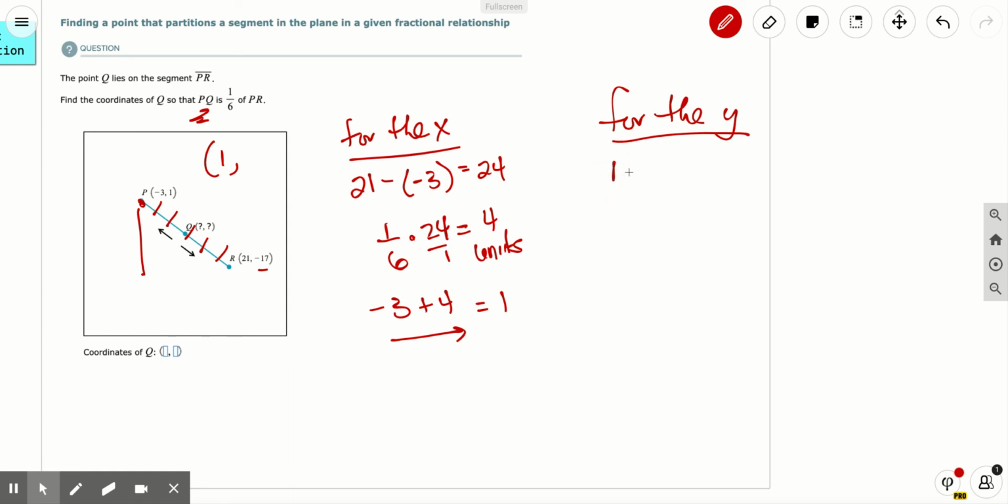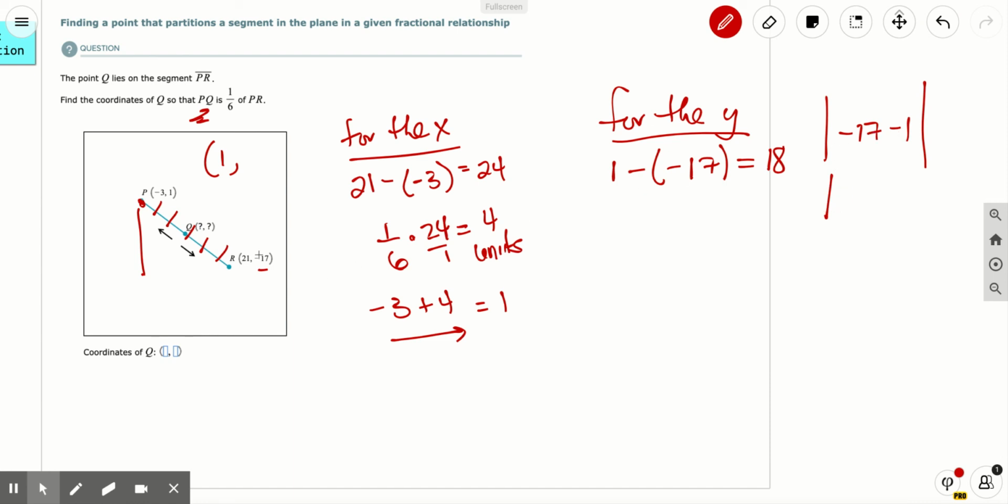Always take the positive number and subtract the negative number for the distance. Distance is actually absolute value. You guys, you really could have done it like this too. Just for those of you that are thinking about this, distance is always absolute value.